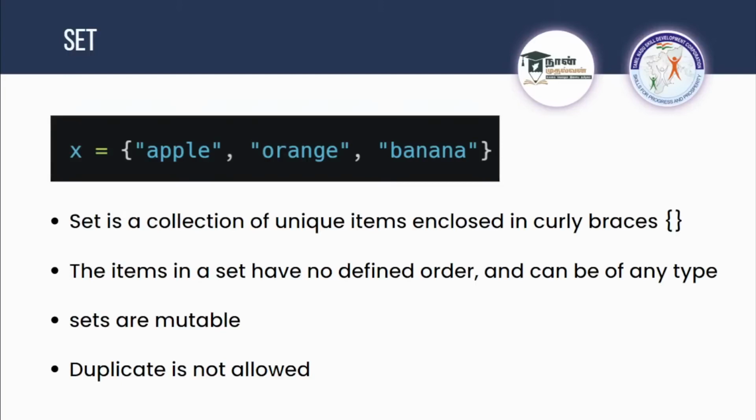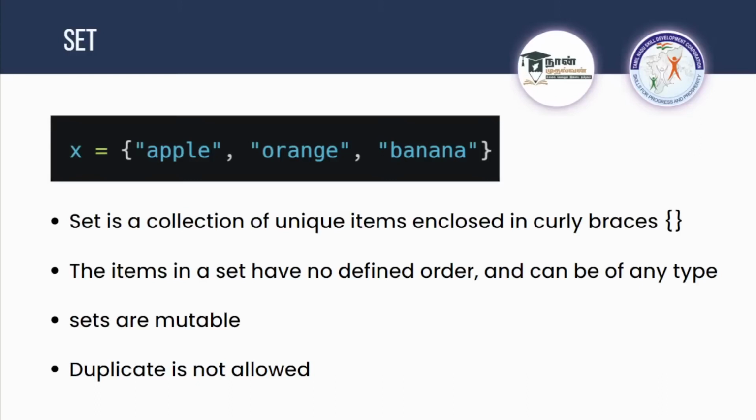They are not in a definite order. Once you create it, when you try to print or use it, the order may change, which means you cannot use any index number to manipulate the set, because there is no specific position. Sets are mutable, so you can change them. And since it is a collection of unique items, duplicates are not allowed.